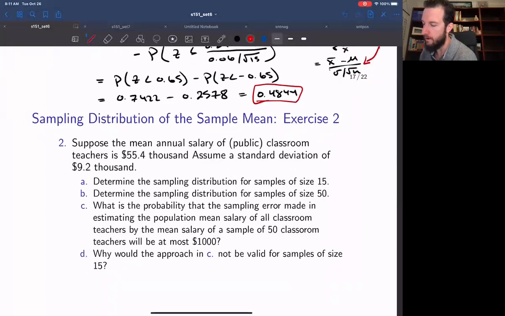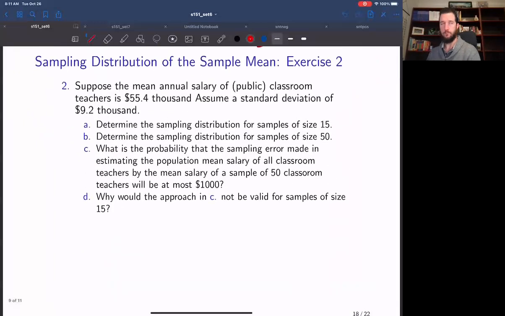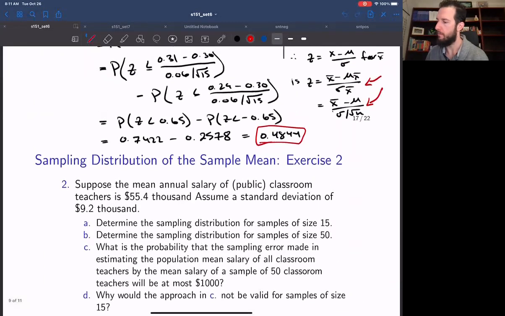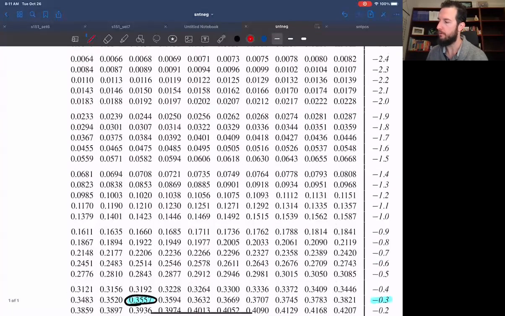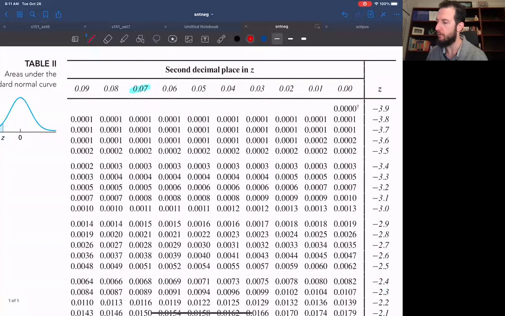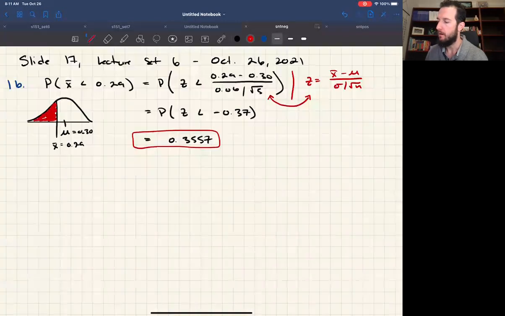Okay, so we have one more exercise for lecture set 6. The way that the table works is you have Z scores that line the axes and you have probabilities that sit inside the table. In this question, we calculated a Z score. So we want to know the probability that a Z score is less than negative 0.37.